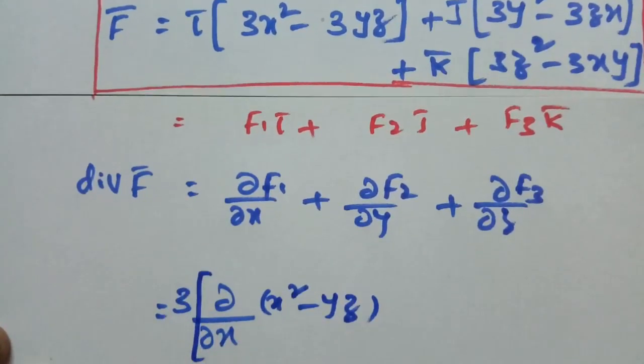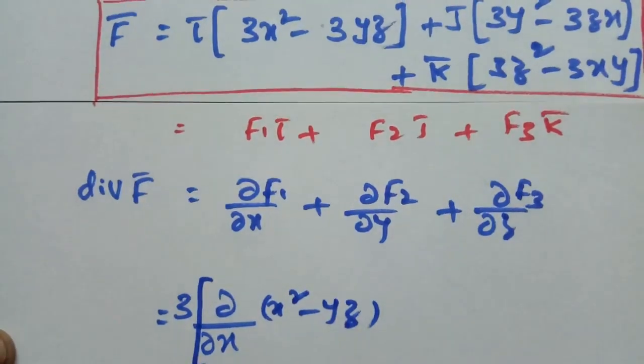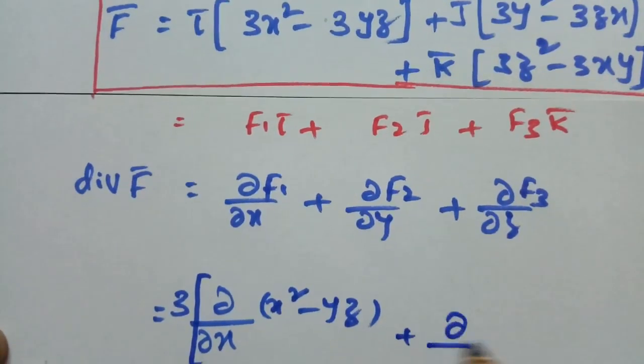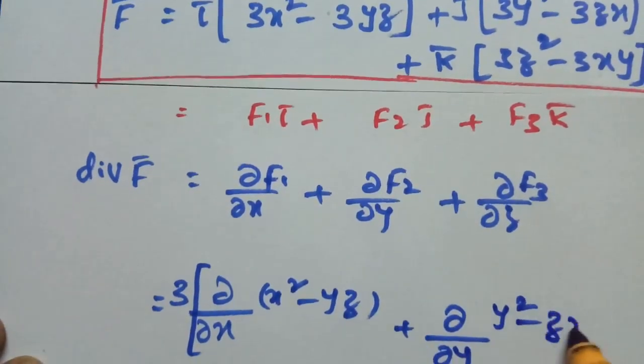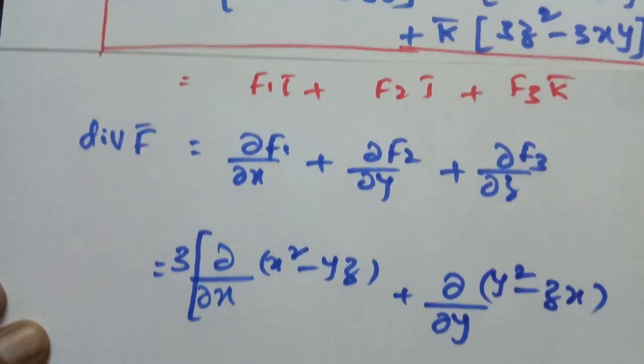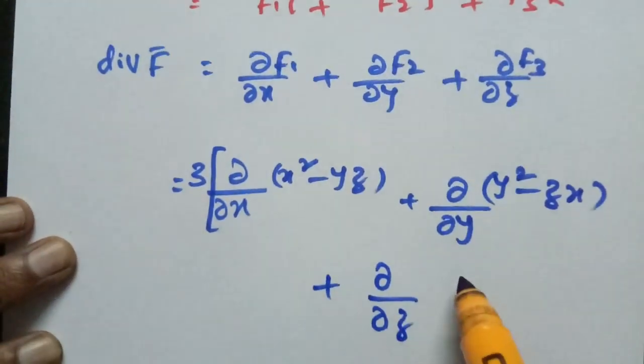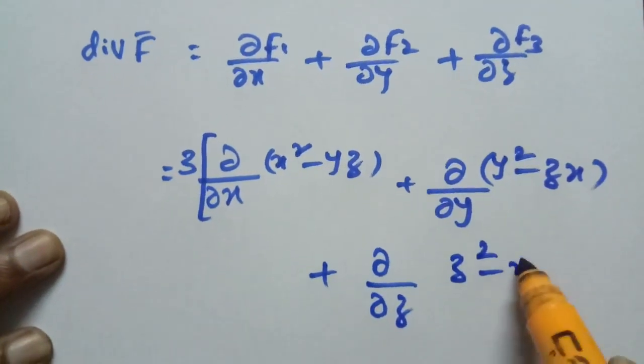Take out 3 as a common factor in all the terms, plus ∂/∂y of (y square minus zx) plus ∂/∂z of (z square minus xy).